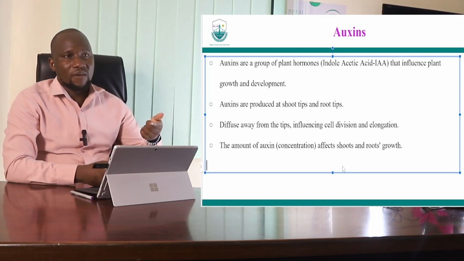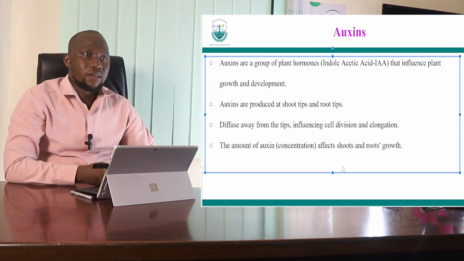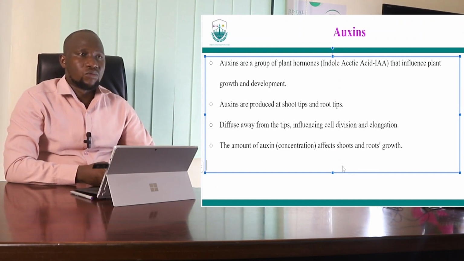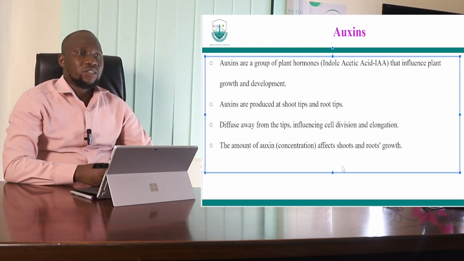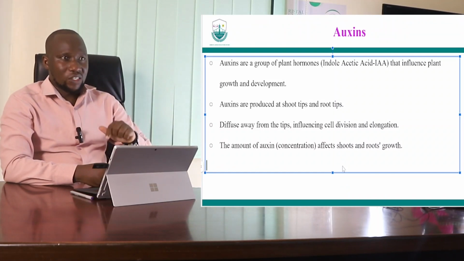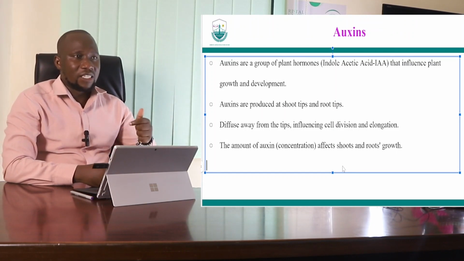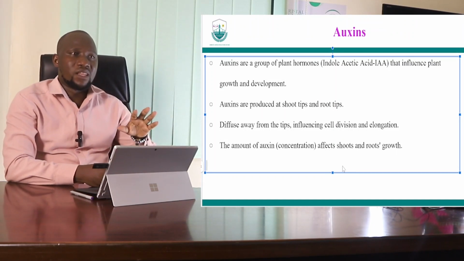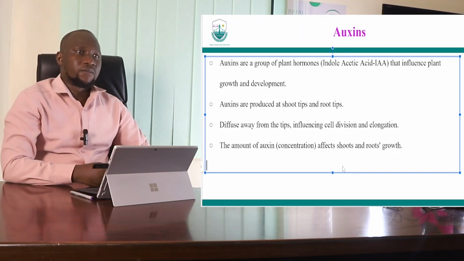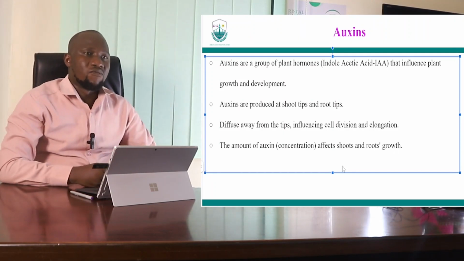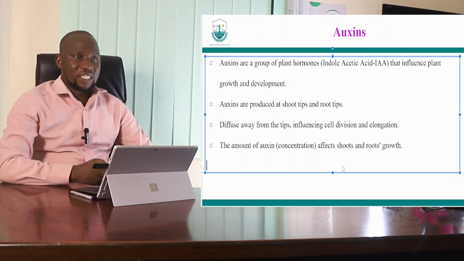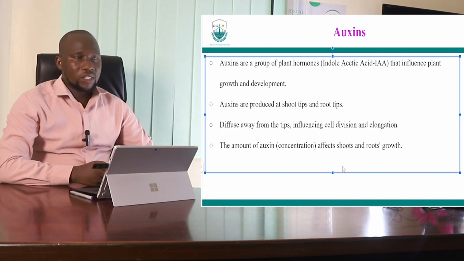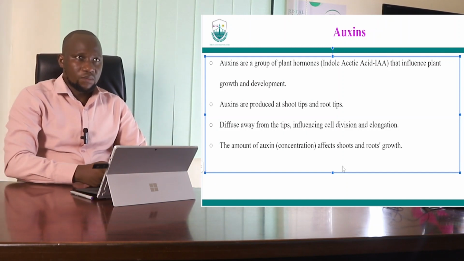Since they are produced there, they have to diffuse away to different parts for development to happen. When they are produced at the tips of the shoot and the roots, they don't remain there; they diffuse away to cause growth and development in other parts of the plant.